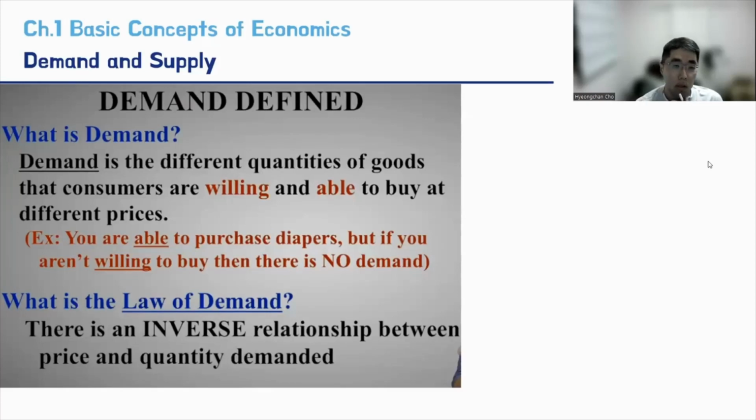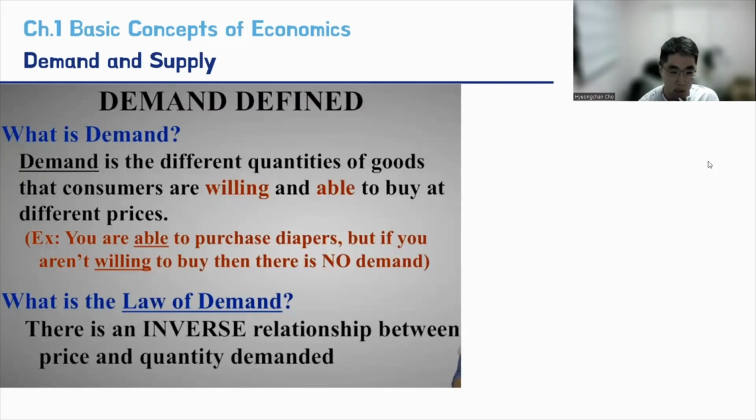All right, guys, before we start our third lecture, we will briefly review the main contents from last week, which are demand and supply. Demand is, as I said, the different quantities of goods that consumers are willing and able to buy at different prices.